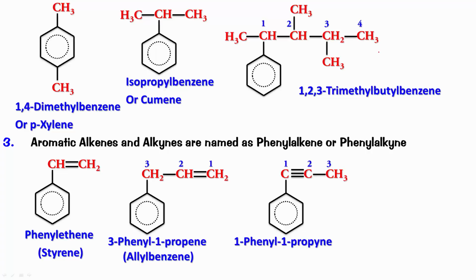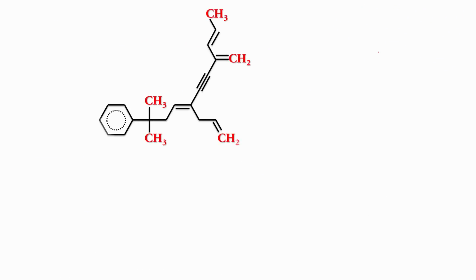And finally, in this particular section, let me give you something a little complicated. Yeah, this is going to take a while. So pause the video, name it. Look for the longest carbon chain containing maximum number of multiple bonds and number it so that the double bonds or the multiple bonds get the lowest number.